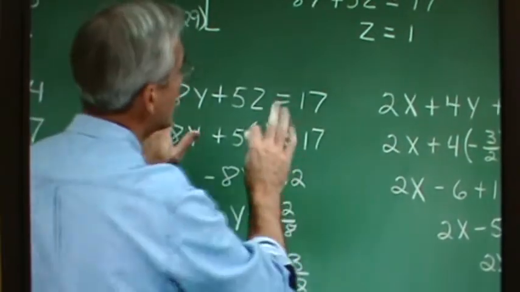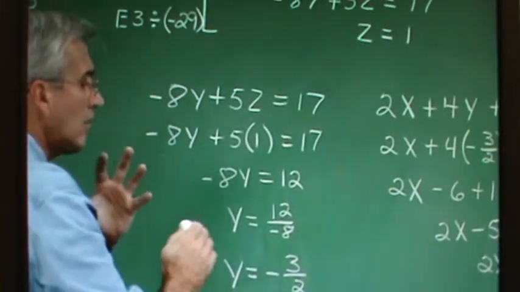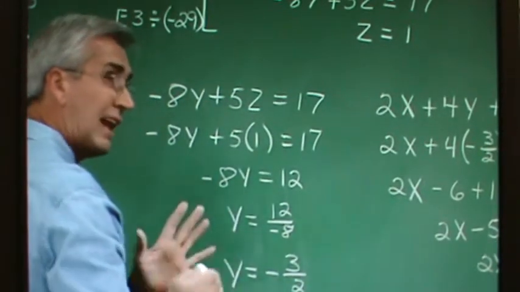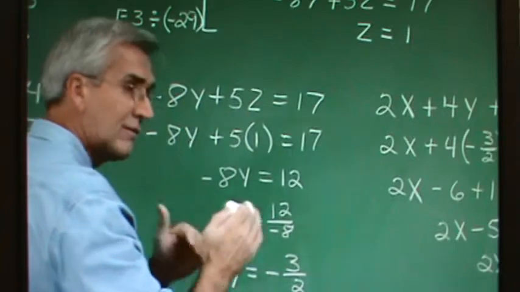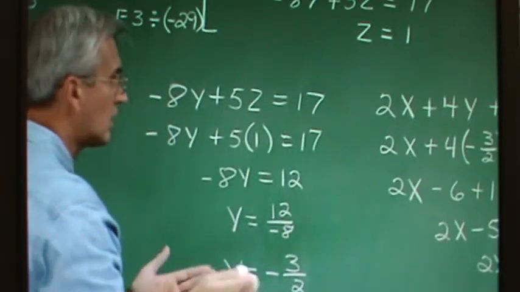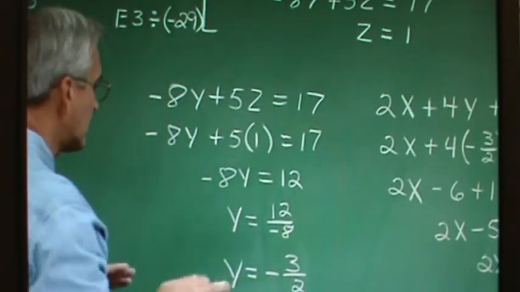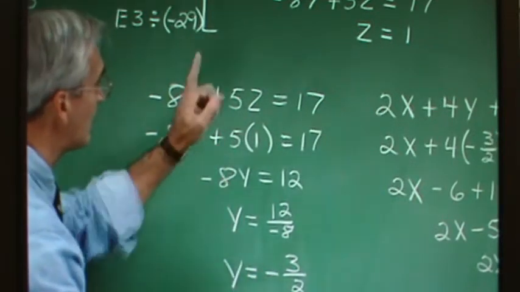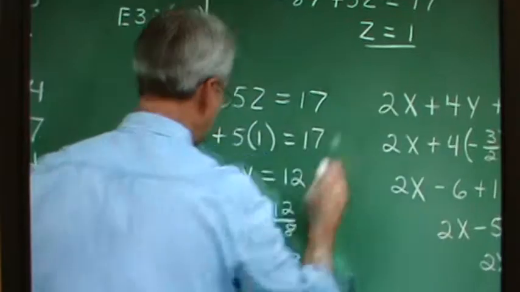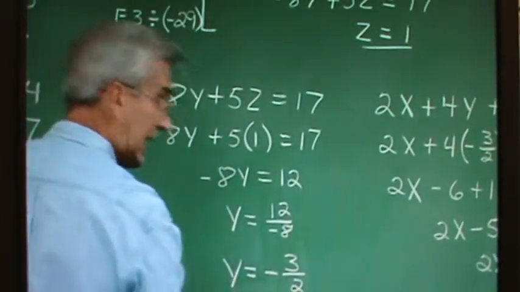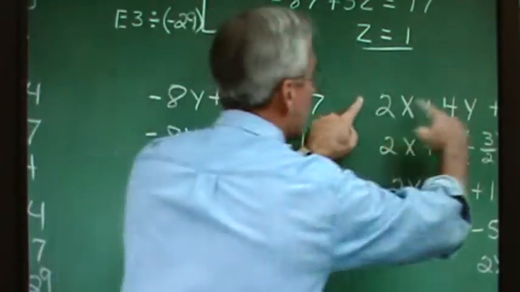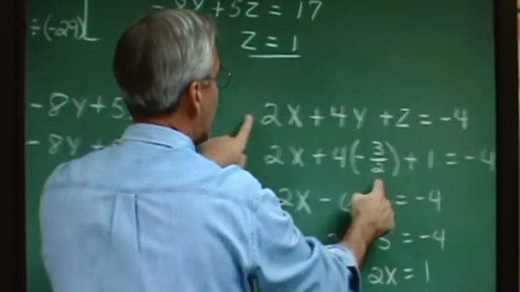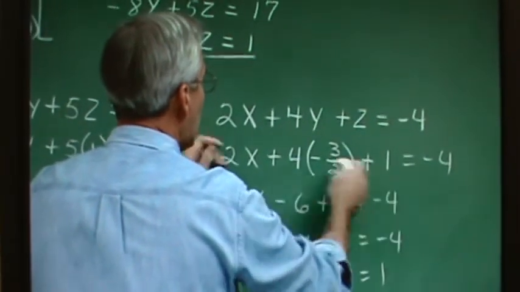Now in this circumstance, when the problems get a little more challenging, a lot of times rational values will occur, fractions will occur as the value of x, y, or z. So here we have y is negative 3 over 2. Now we know that z is 1 and y is negative 3 over 2. So we take equation 1, replace y with negative 3 over 2, replace z with 1, and away we go.